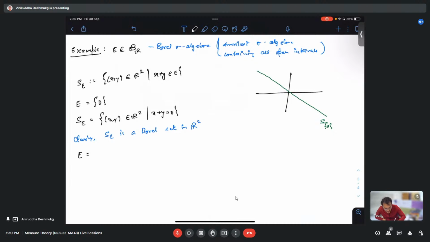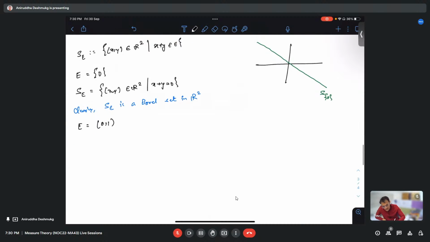Let us look at one more thing. Let us look at perhaps the open interval (0,1). Now, what does S_E look like? S_E looks like: look at all those points (x,y) in R2 such that x plus y is inside this open interval. What does it mean by inside this open interval? It means 0 is strictly less than x plus y, which is strictly less than 1.